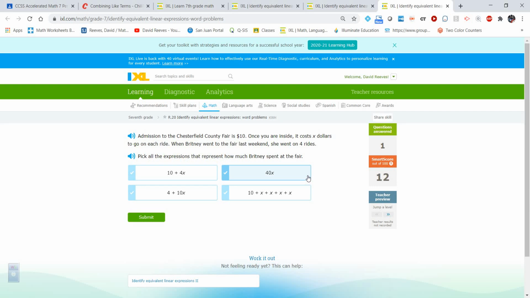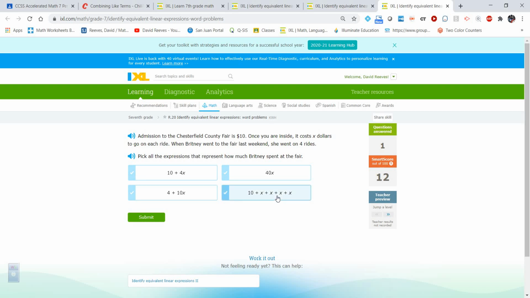All right, here we go. It says admission to the Chesterfield County Fair is $10. Once you are inside, it costs x dollars to go on each ride. All right, when Brittany went to the fair last weekend, she went on 4 rides. All right, so what did she have to pay? She had to pay that $10 to get in, and then 4 rides each cost x dollars.